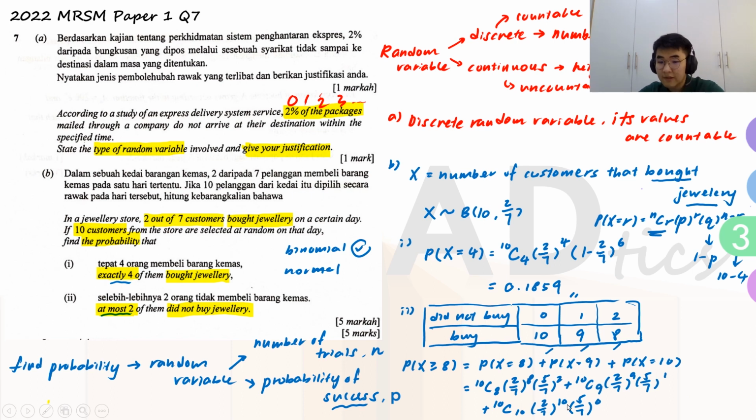Right, so for this part, it's actually the same as part 1. We just use this formula and depend on the values 8, 9, and 10 and we substitute in the values. Okay, and our answer after adding all these probabilities would be 0.000111 in 4 significant figures. And with that, we have completed today's question.